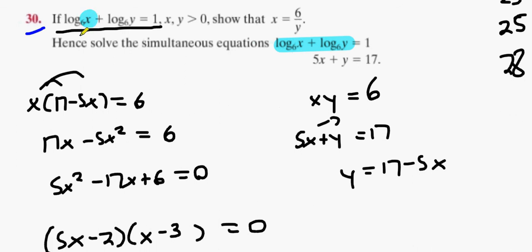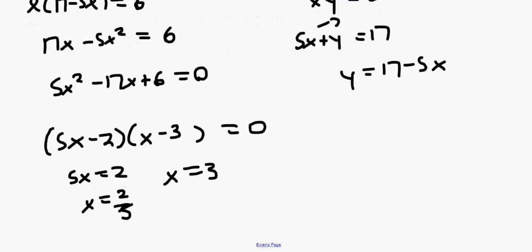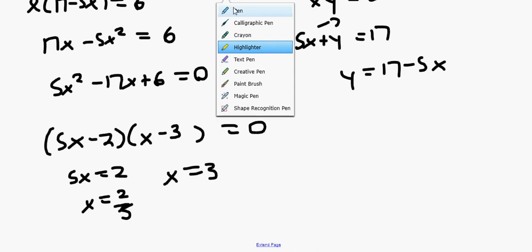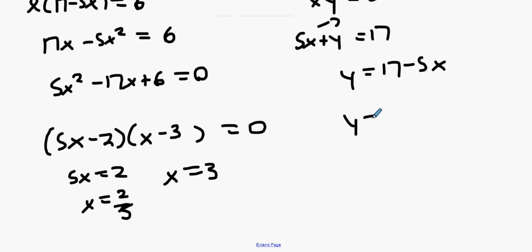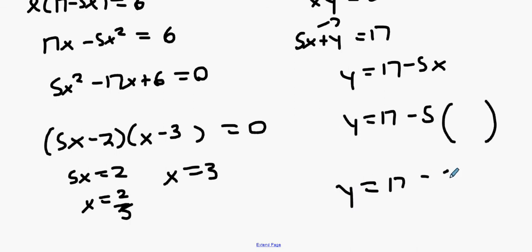However, I haven't got the two y values yet, have I? Maybe one of the y values will be negative. So I need to figure that out now. So let's find out. Y equals 17 minus 5 times whatever this is. So 5 times 2 over 5 and 5 times 3.